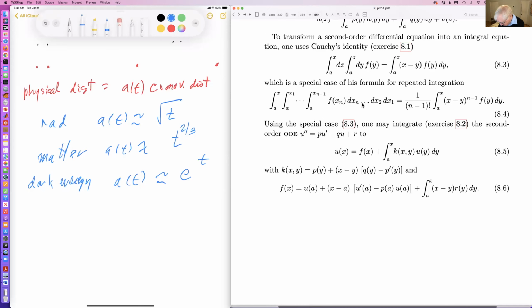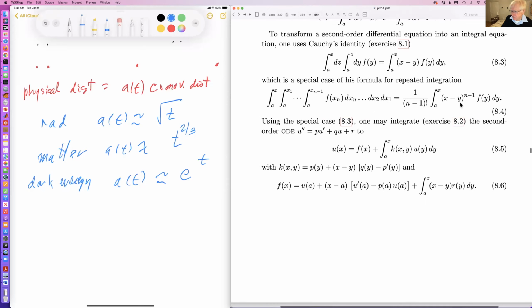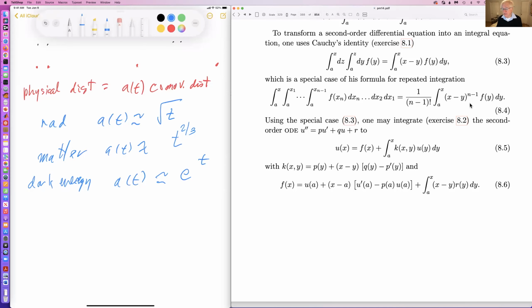And then we have some function of xn minus 2, and we integrate that dxn minus 2 and so forth. And that's the left-hand side. The right-hand side is just a single integral of f times this funny kernel. This thing is called a kernel. It's the thing that multiplies the thing you know. Or maybe it's the thing you know that multiplies the thing you don't know.